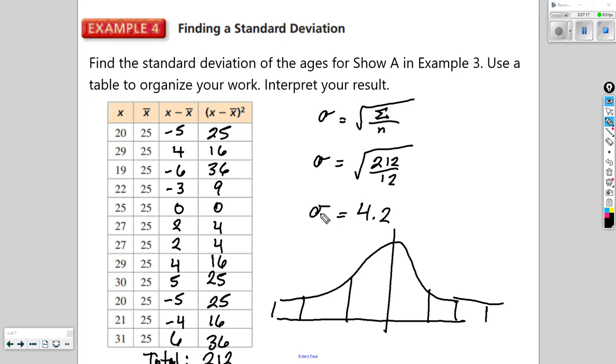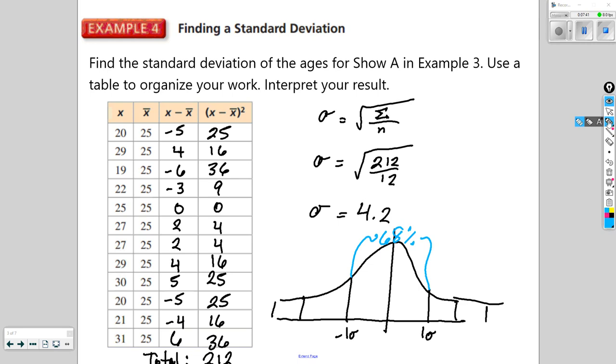So that this number makes sense, typically within one standard deviation of the mean lies 68% of the population. All right, between here and here would be 68% of the population within one standard deviation of the mean.